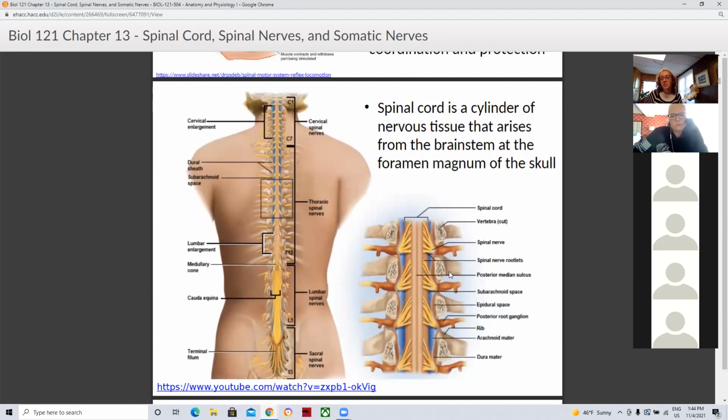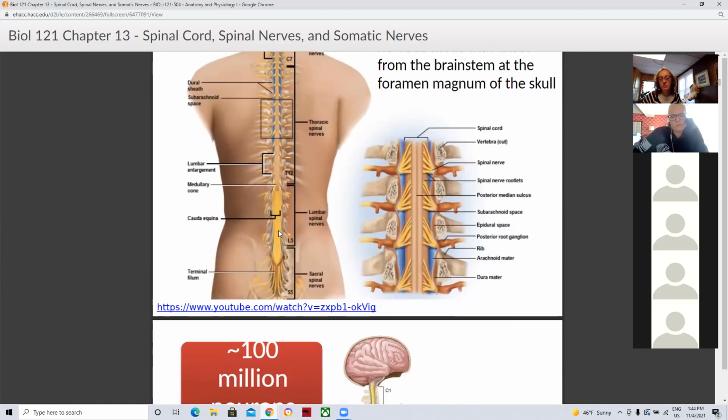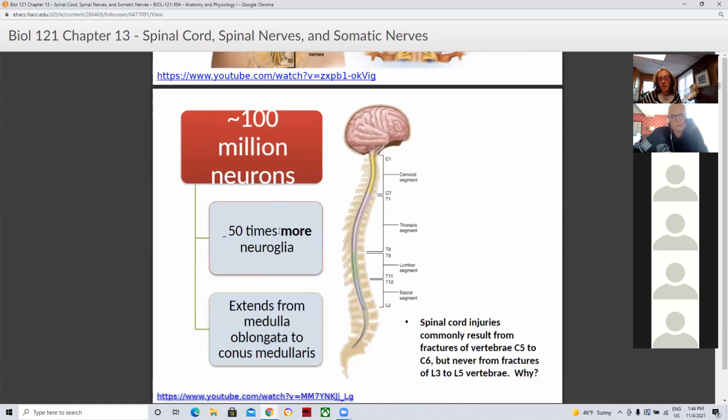The spinal cord is a cylinder of nervous tissue that arises from the brain stem at the foramen magnum of the skull. This is a column of nervous tissue. Within the spinal cord, there's about 100 million neurons.